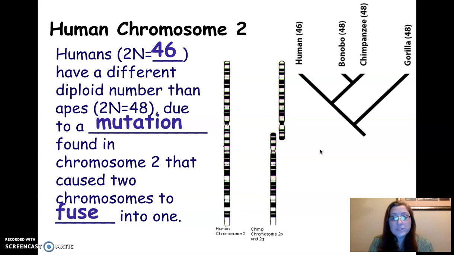Some really cool research has been done, and we have found out that it looks as though that extra pair that all primates have, you see the bonobos, the chimpanzees, and the gorillas, they have 48, may have, as a result of a mutation early in the formation of the human species, fused together.